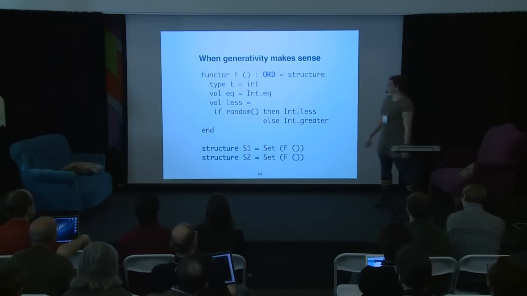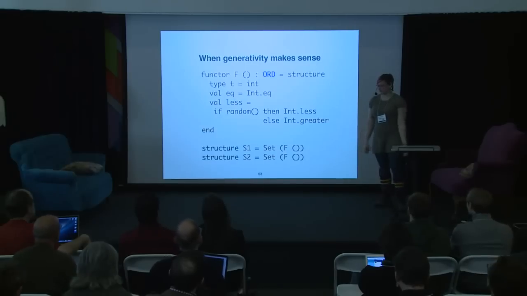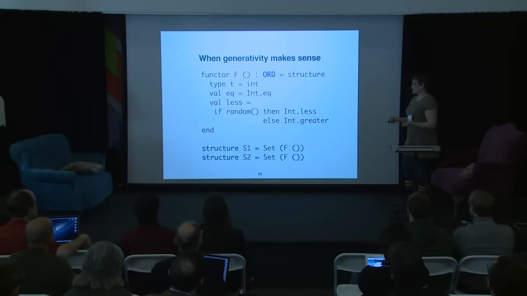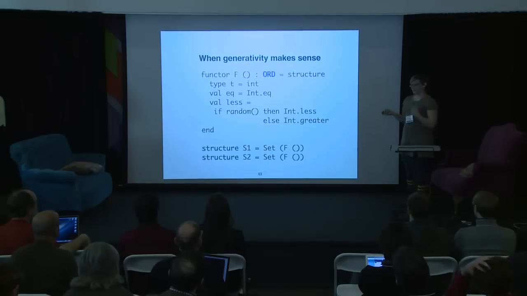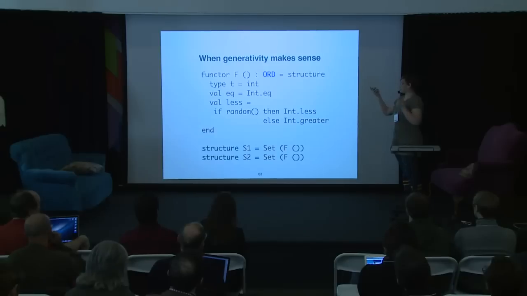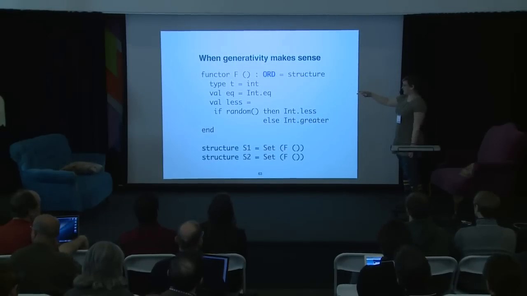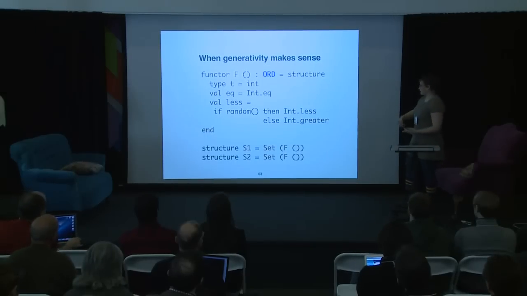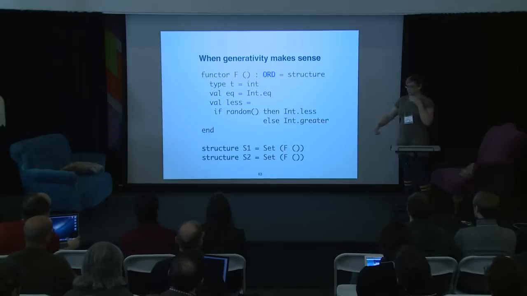Okay, so when might you actually want generativity? Interestingly, ML is a language with state and with effects. So one of the situations, and perhaps arguably all of the situations, where you want generativity involves some notion of state. If you implement this ORD signature with something where the underlying type is int, you have int.eq, and then for less you flip a coin: if heads, you do int.less, and if tails, you do int.greater.